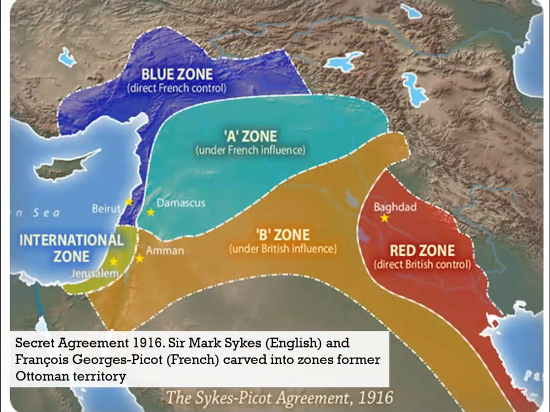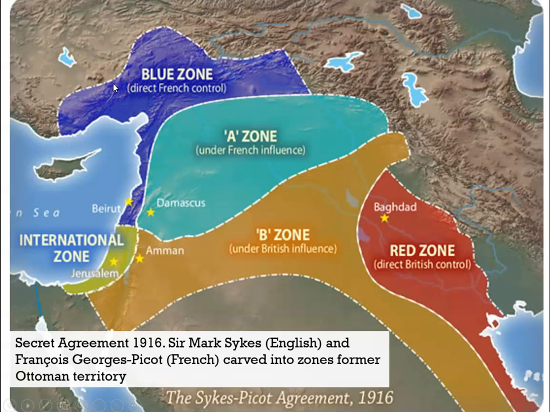Now, if we go back and try to figure out how all of this got started, how did this all get so messy? If we go back to World War I and we take a look at the Middle East at that time, it was really the Ottoman Empire. The Ottoman Empire is fragmenting.